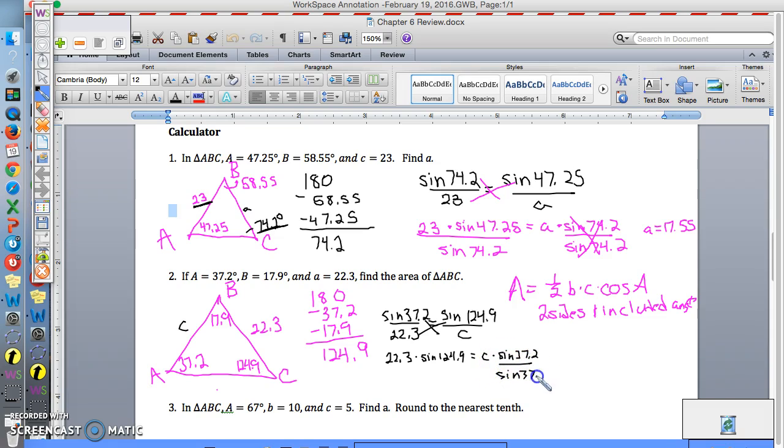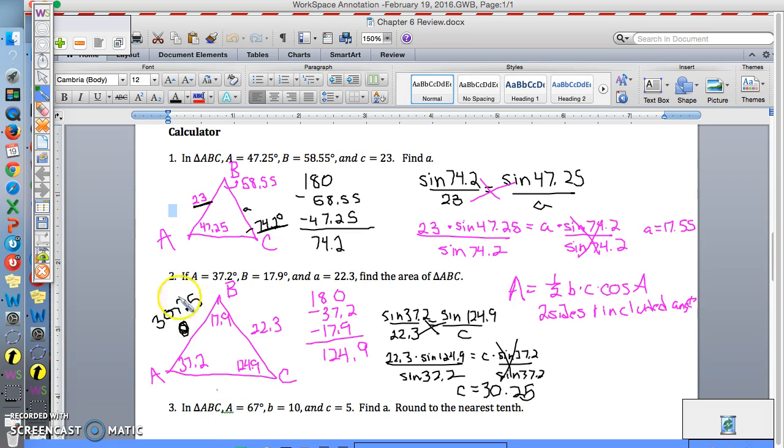Divide by the sine of 37.2. And we end up with c being 30.25. And again, I already did these calculations, so make sure you pause it and check on your calculator.